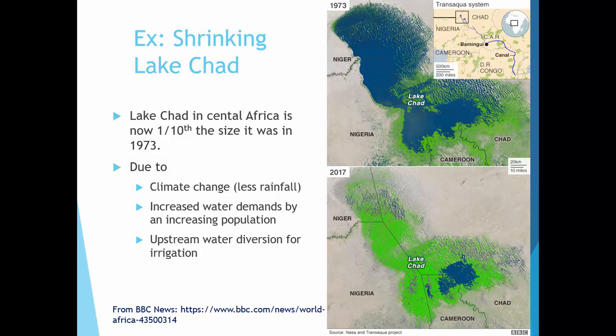So even if the water wasn't being diverted as much as it is, this area would still be experiencing issues because they're just getting less rainfall to recharge this lake. Also, there are increasing populations that surround the lake, so they're consuming the water at a faster pace. So this is an example of an area that's seen a large change in a fairly short amount of time in their wetland system.